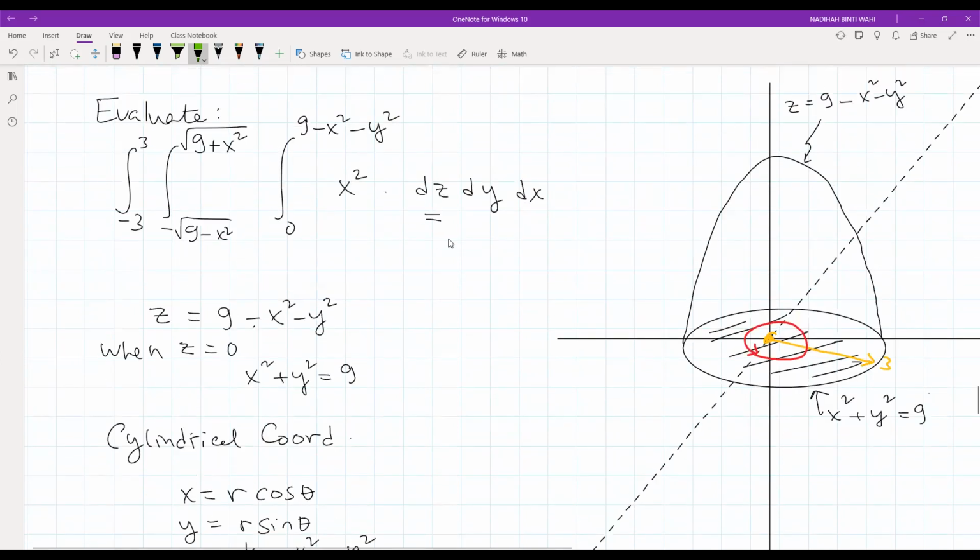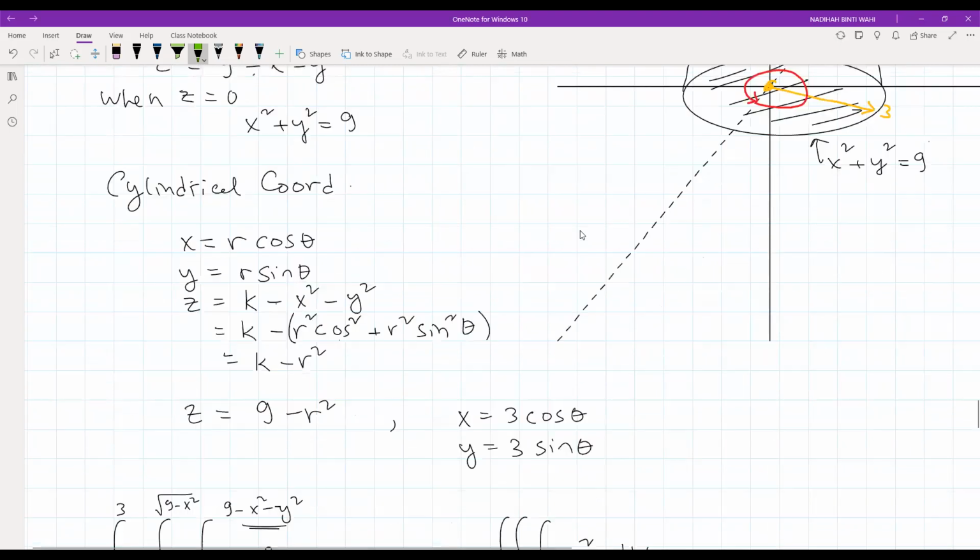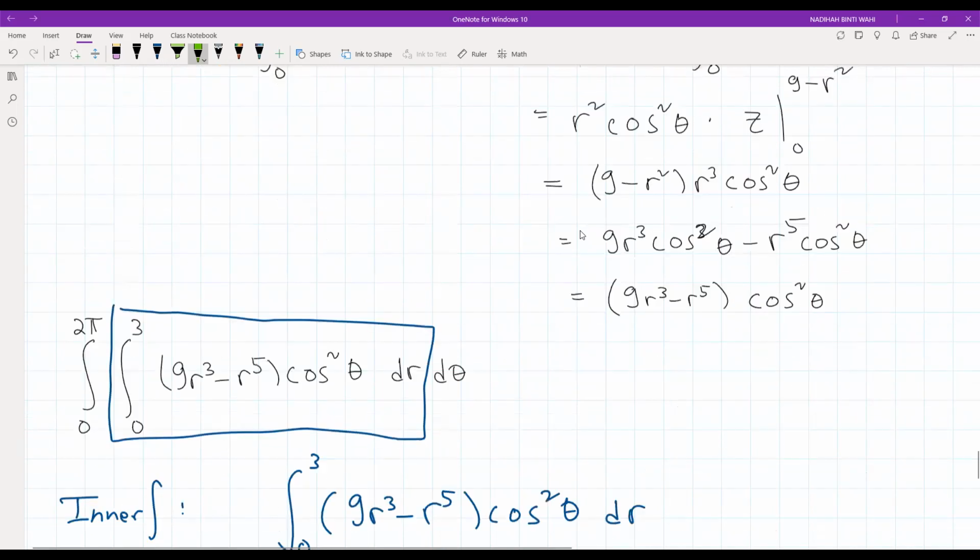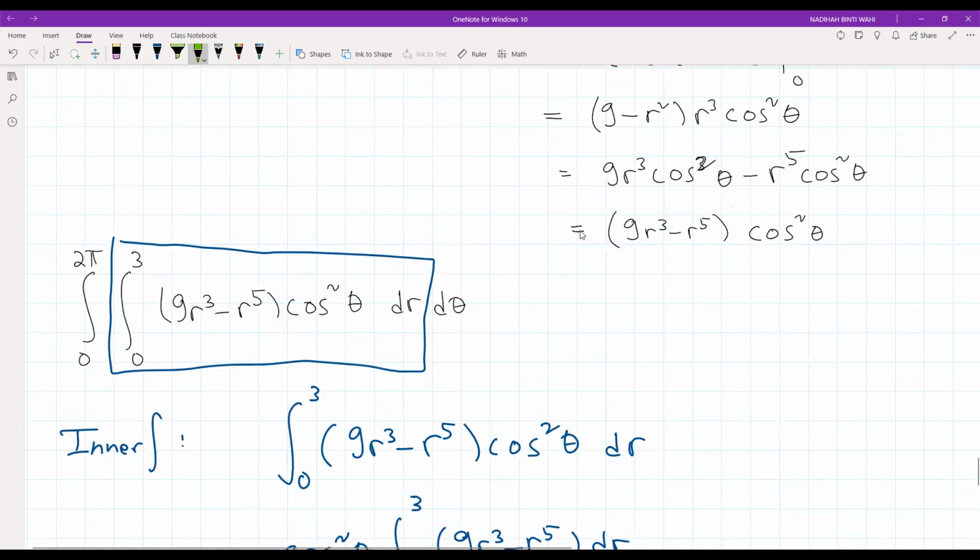In this case, you cannot change because it's already given. That's the easy part, because you don't have to change. But if it's given in terms of a general equation, then you have to figure out how to do the problem.